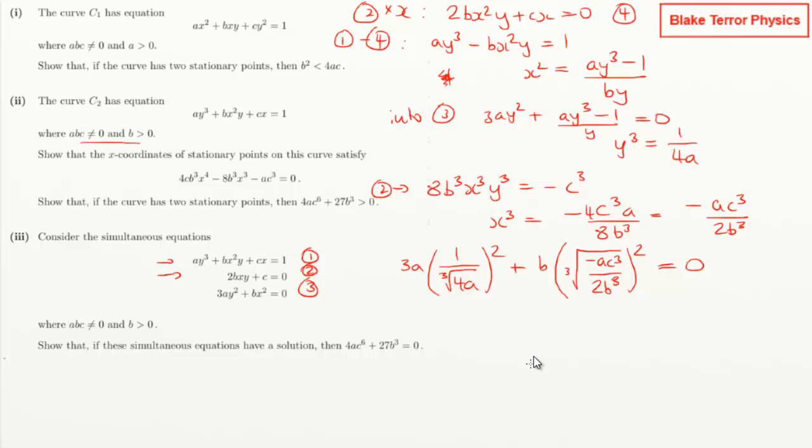Okay, so I can take this c cubed bit out, I suppose. That b cubed is going to cancel with that b. That minus c cubed, I can just take out as being a minus c. So I'm writing down the minus c bit. 3a times 1 over the cube root of 4a squared.